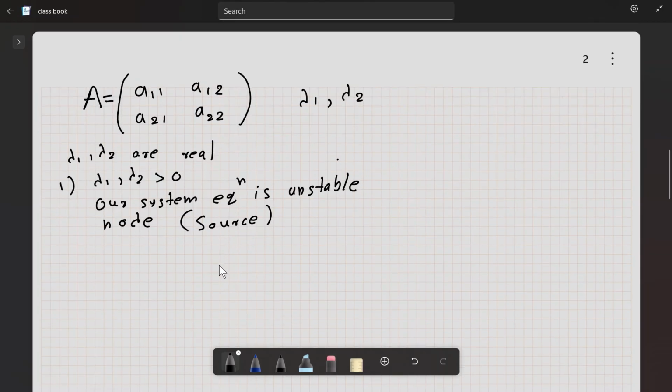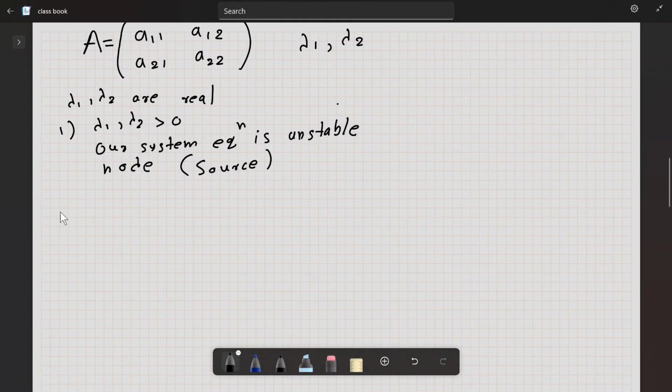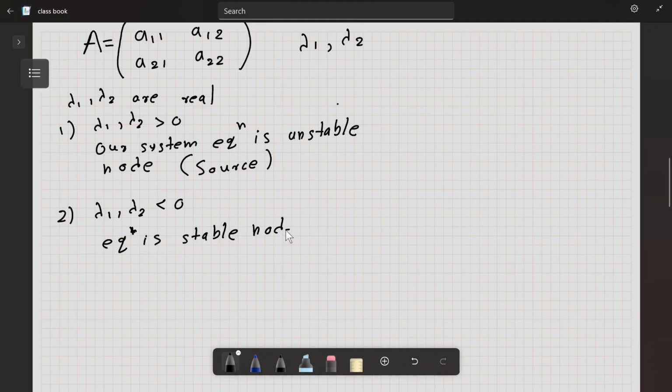If both are negative, then our equilibrium is a stable node, or we can call it a sink.